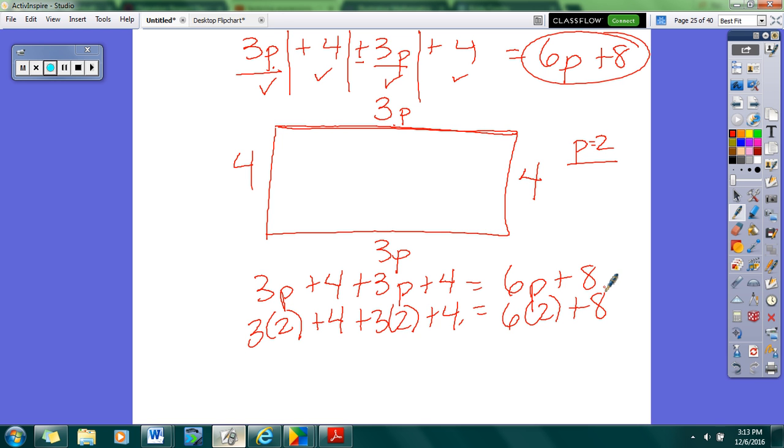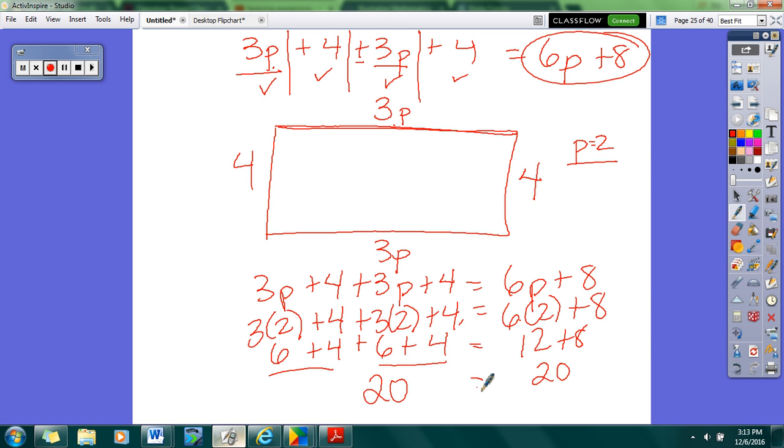I'm just going to solve the left side first, then the right. 3 times 2 is 6 plus 4 plus 3 times 2 is 6 plus 4. 6 plus 4 is 10, and I know I have another 6 plus 4, so that's going to be 20. 6 times 2 is 12 plus 8, and I know that's going to be 20.